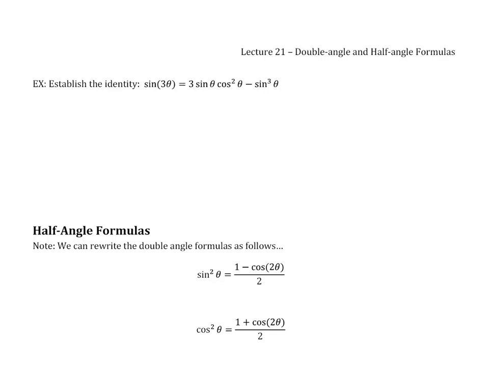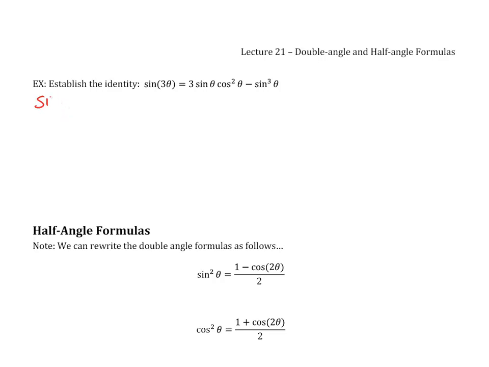In this example, we are asked to establish the identity sine of 3 theta equals 3 sine theta cosine squared of theta minus sine cubed of theta. Let's follow a similar approach to what we've done in previous examples.